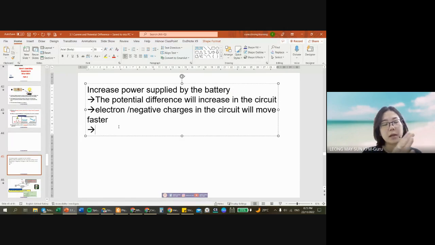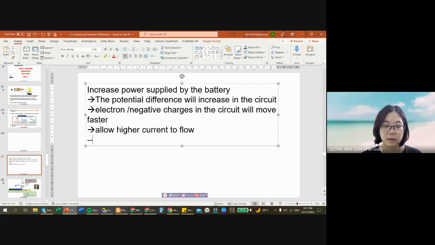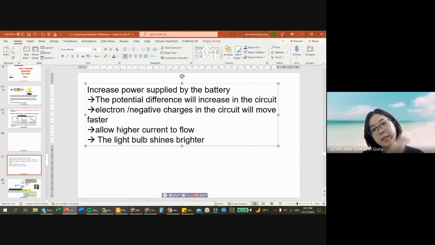Okay, so when the electrons and the negative charges in the circuit move faster, this actually allows higher current to flow, and hence the light bulb shines brighter. All right, so this is the flow of the cause and the effect.